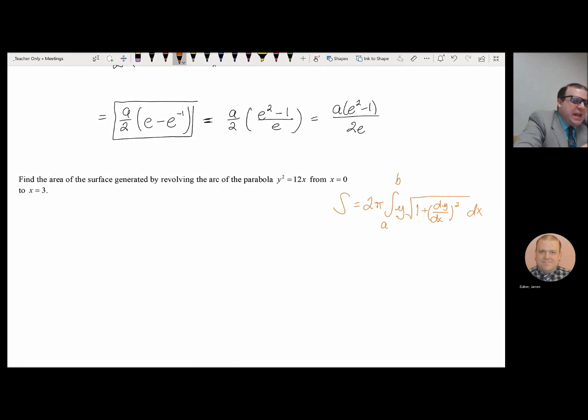That's if you're rotating it about the x-axis. And if you're rotating it about the y-axis.